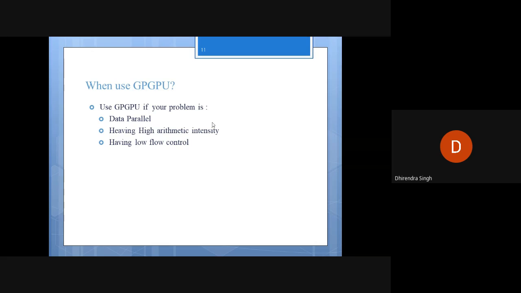But that portion should have these properties: data parallel, high arithmetic intensity and low control flow. If all those things are fine, go ahead with writing a parallel program which will execute on the GPU.